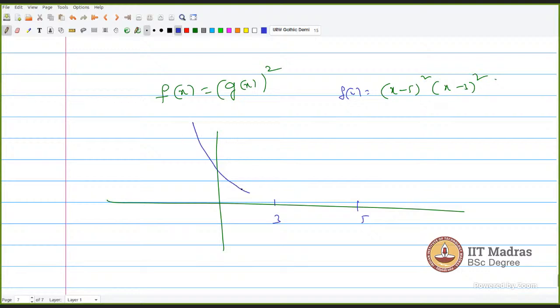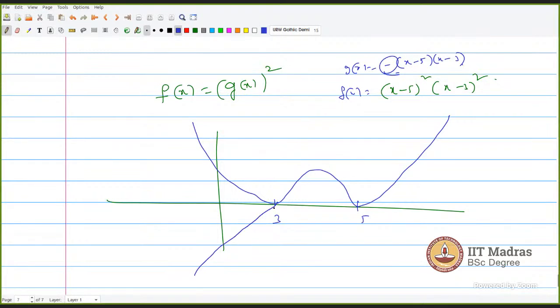So your f of x will be something like this, and you have g of x as minus of (x minus 5) into (x minus 3), even degree with a negative coefficient. Even degree with negative coefficient will actually be like this.